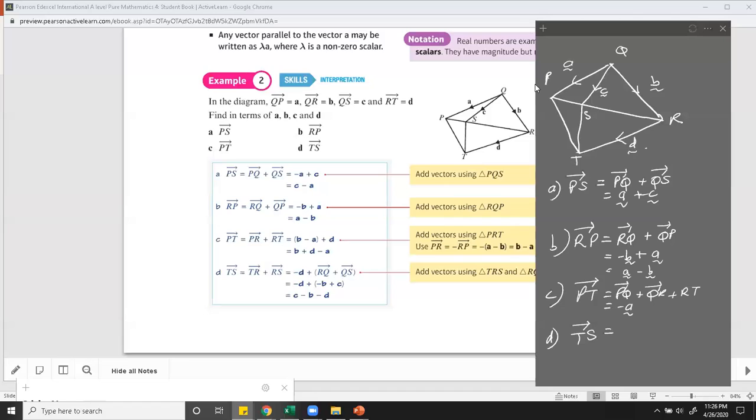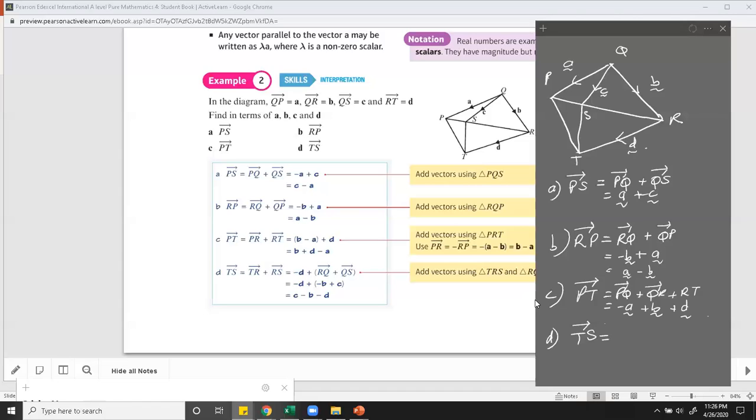QR is plus B, and RT is plus D. So we could put the two positives there in front like they have, but if you did that in an exam, that would be just as good. It's just how we prefer things to look without things starting off with negatives.